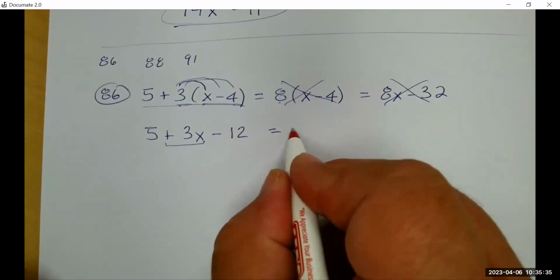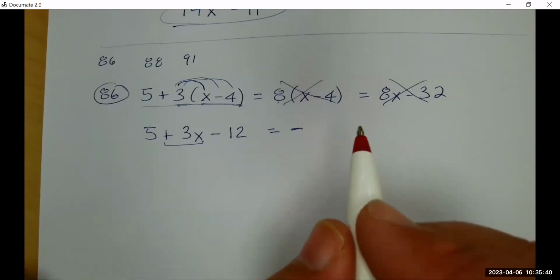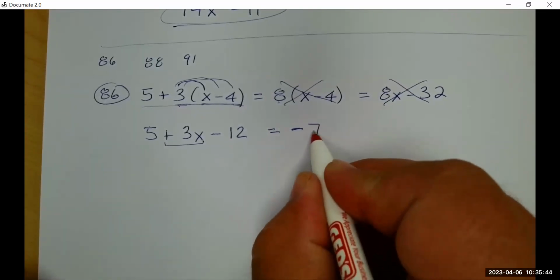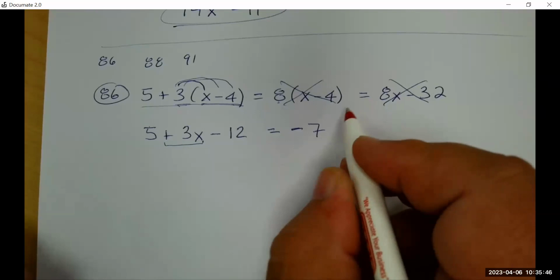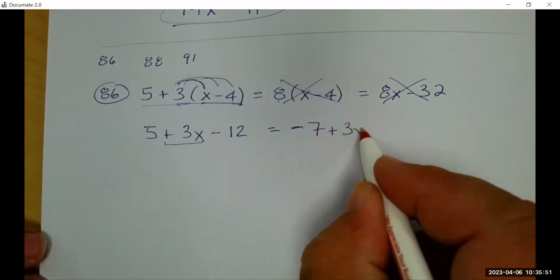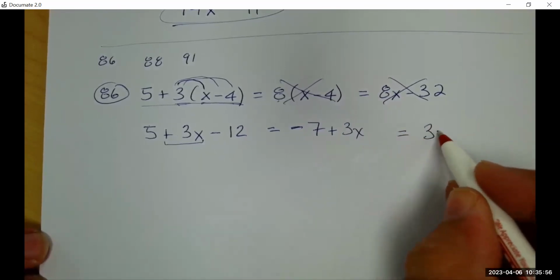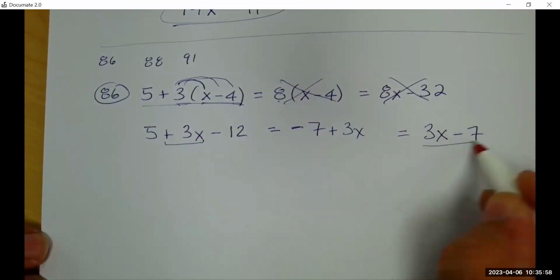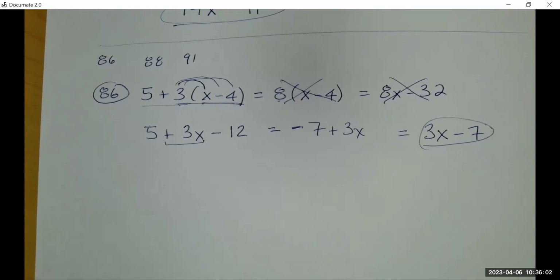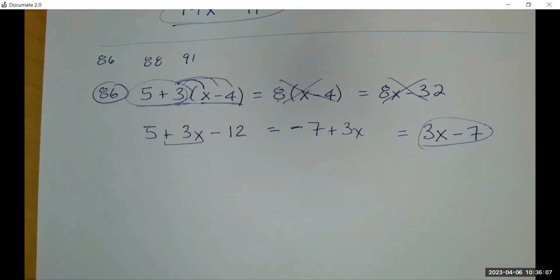Negative what? Negative 7. What else? Plus 3x. Right. Can't do anything else? Typically we put the x's in front. So this is how you write it: the highest exponent first and you keep on going down lower. So their mistake was they added the 5 plus 3 first.